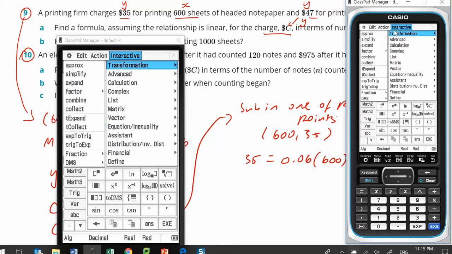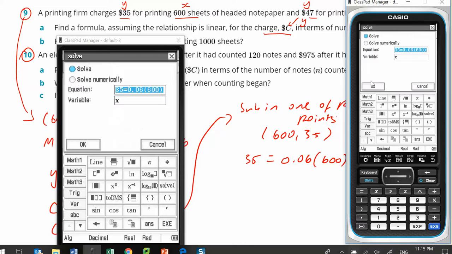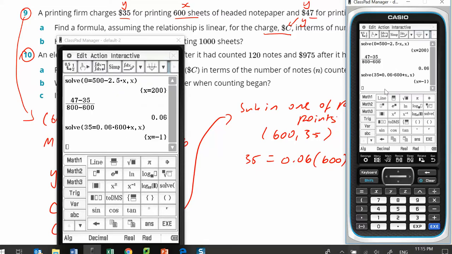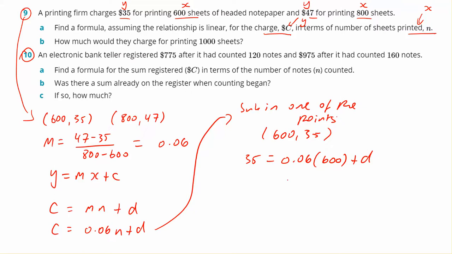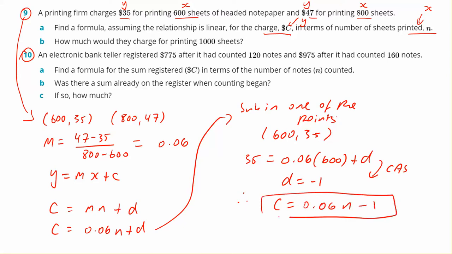Remember, you've got to change it back to whatever your variable is, because sometimes I make mistakes as well. So x is minus 1, or D is minus 1. Okay, so this was the CAS step. Therefore, your final equation would be C equals 0.06n minus 1, and that's the equation relating the cost to the amount of sheets you print.